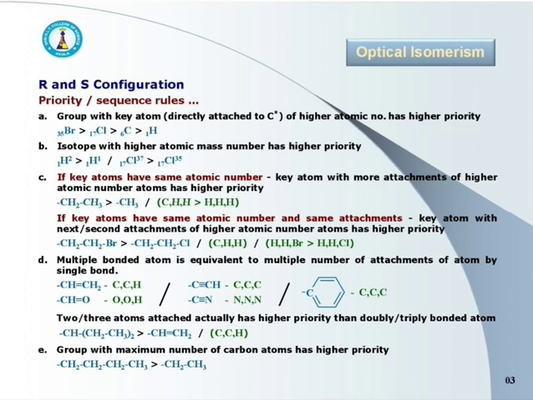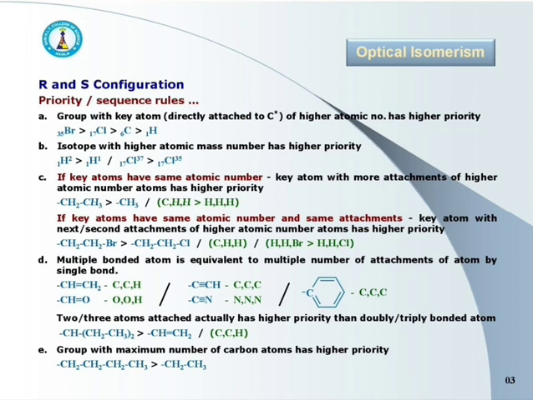Here, second carbon is triply bonded to the first key carbon. Whereas in C triple bond N, for key carbon, the attachments are N, N, N, that is nitrogen, nitrogen, nitrogen, because here nitrogen is triply bonded to the key carbon.